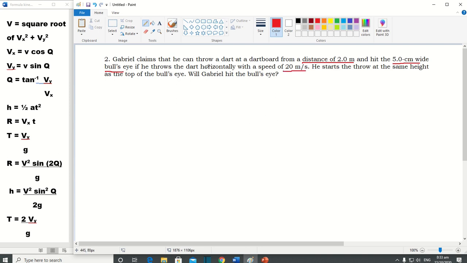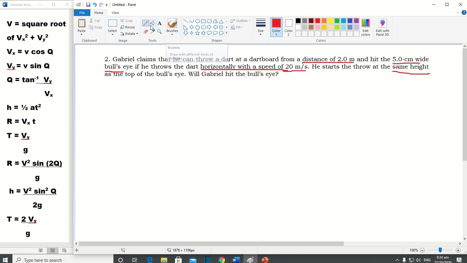So ngayon meron tayong clue na horizontally with a speed of 20 meters per second. So nagpe-pertain to sa v sub x natin o yung velocity along the x-axis. Tapos sabi dito, he starts the throw at the same height as the top of the bullseye. So question is, will Gabriel hit the bullseye? Pero dapat take note natin tong same height. Mamaya titingnan natin ano yan.